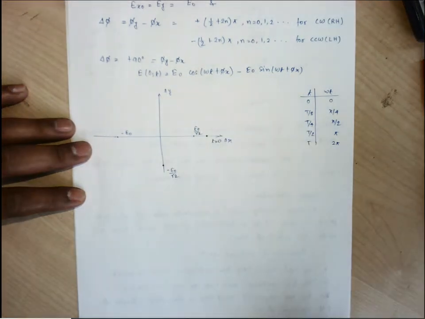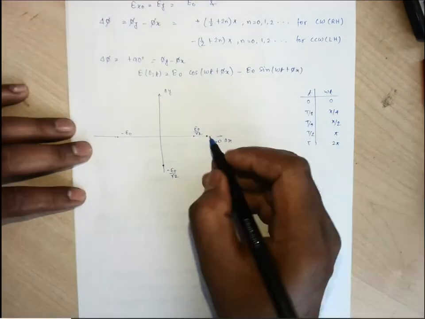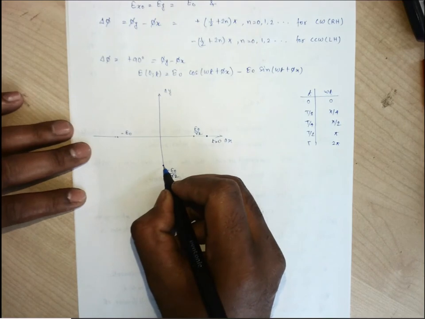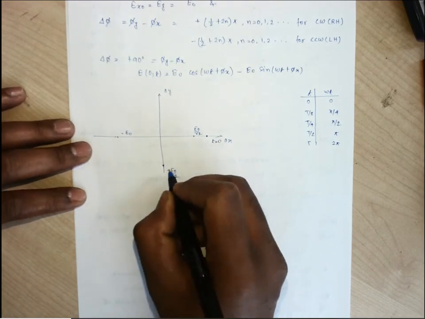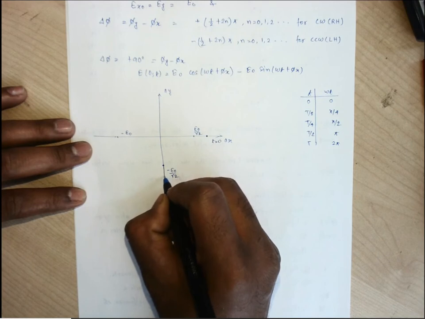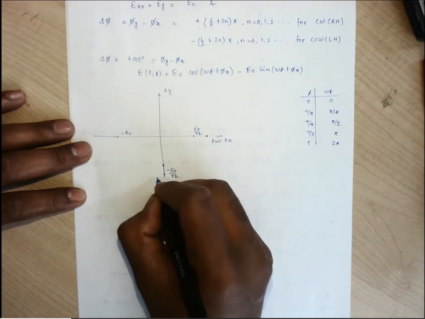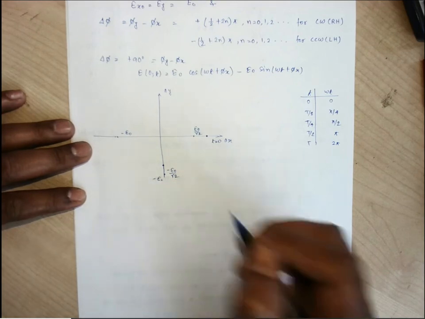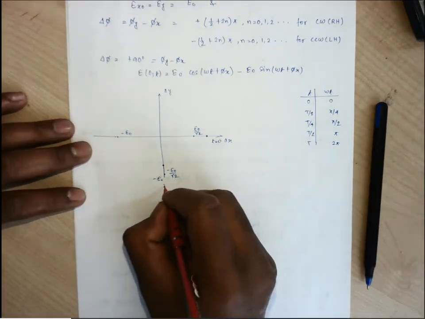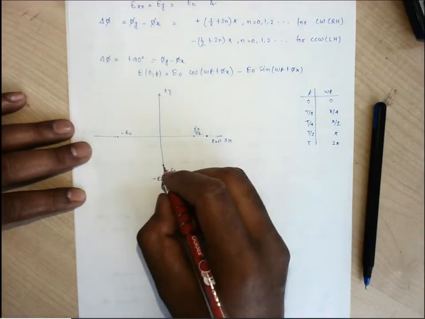So here will be another point with respect to minus of E0, which is for T by 4.